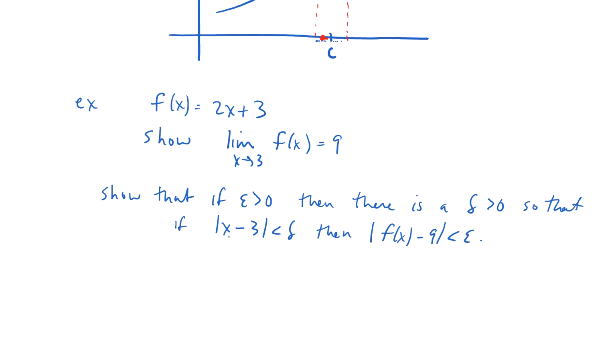So if I pick an x value super close to 3, then f of x is guaranteed to be that close to 9, which is my limit.